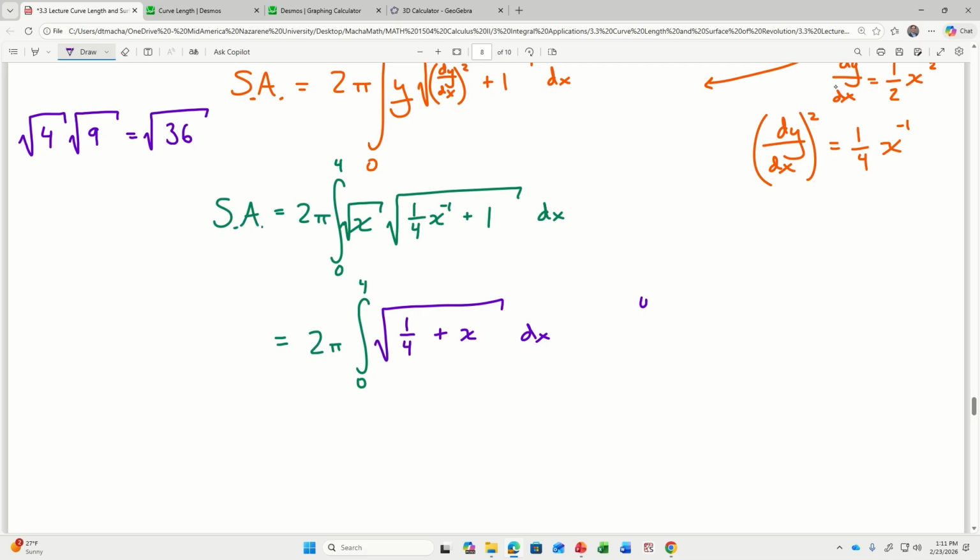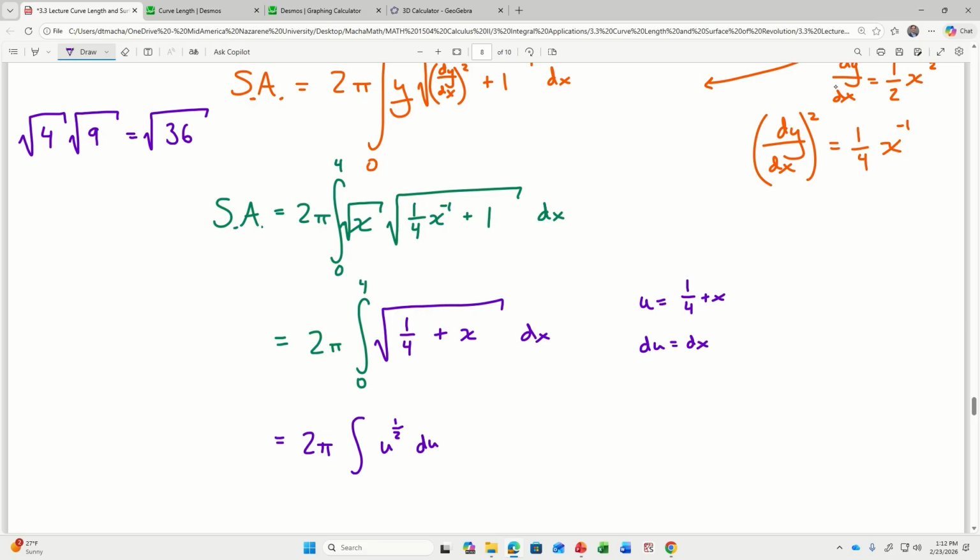I should say u equals 1/4 plus x. And that way du is equal to dx. So we write 2 pi integral square root of u is u to the half, dx is du.